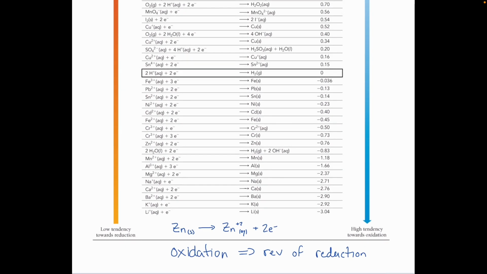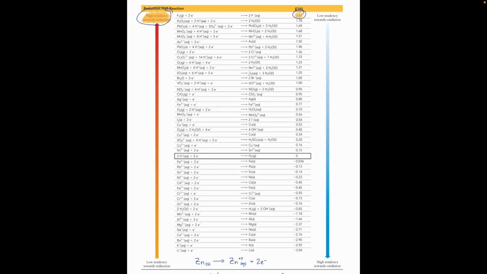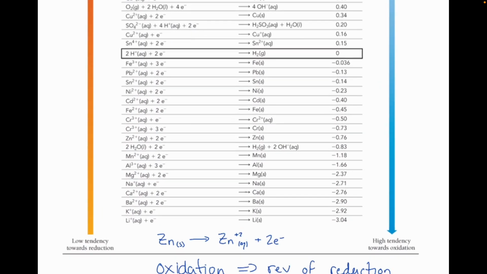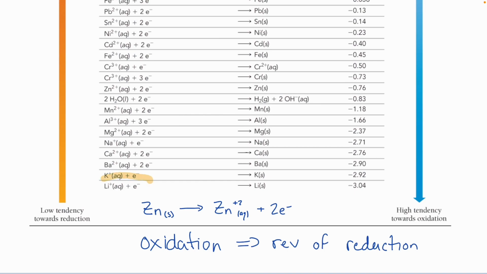Okay? And there's this inverse relationship where things that are the best at being reduced up at the top are the worst at being oxidized, right? That makes sense. They want electrons. They have a greater pull for electrons. And the things that suck at being reduced, they have a really weak pull for electrons. Those are the ones that have the greatest oxidation potential.